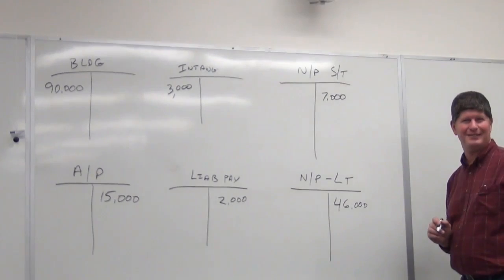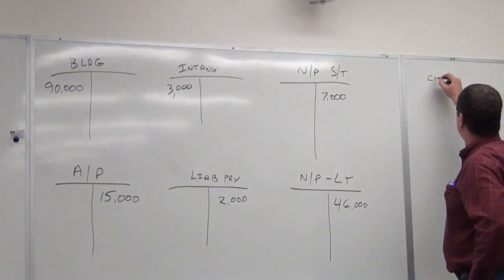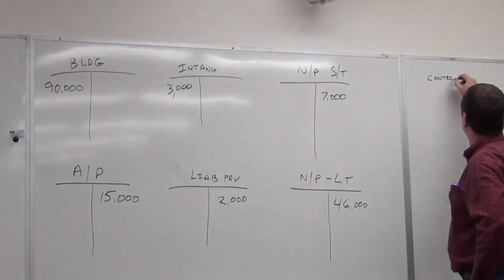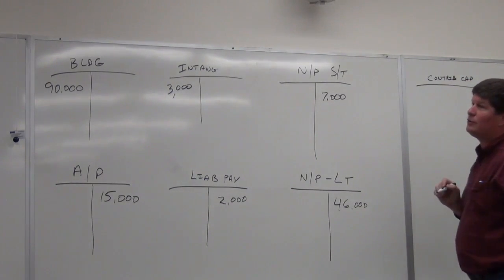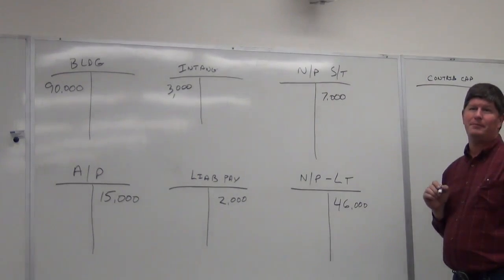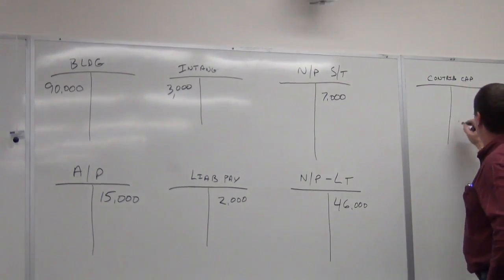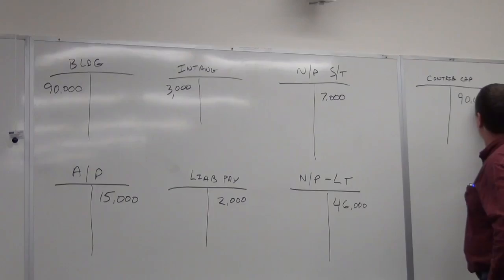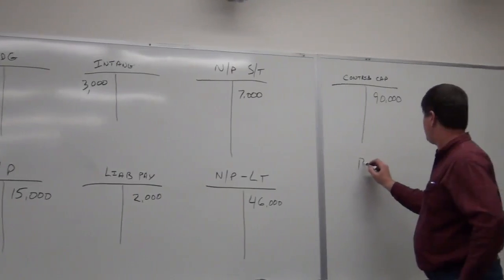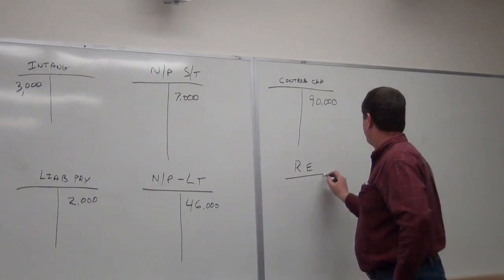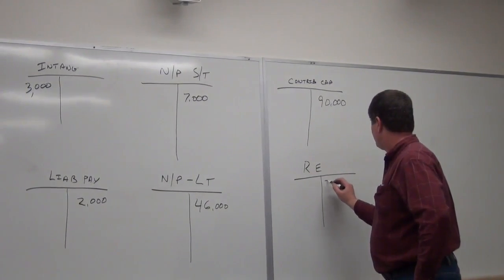What's next? Contributed capital. Contributed capital is what? 90,000. Debit or credit? Credit. Okay. Retained earnings. 30,000. Credit.